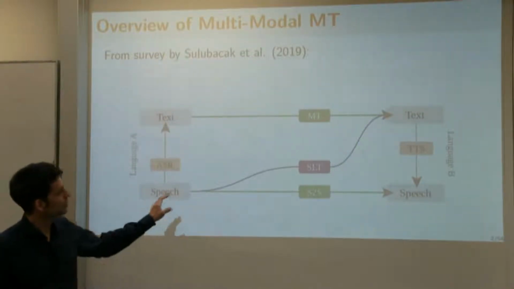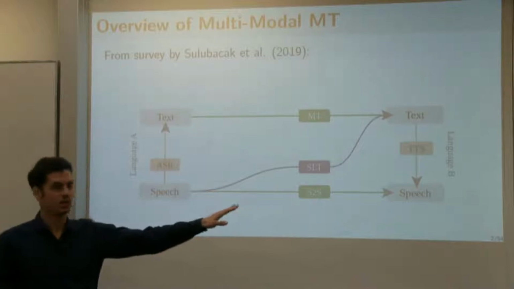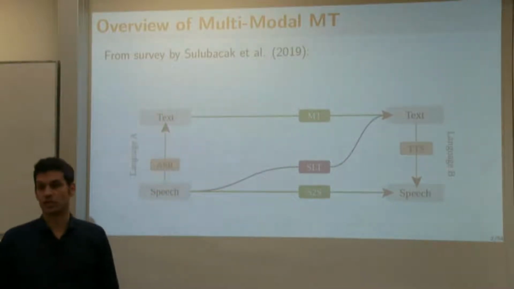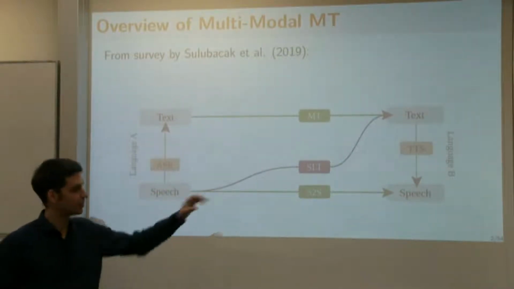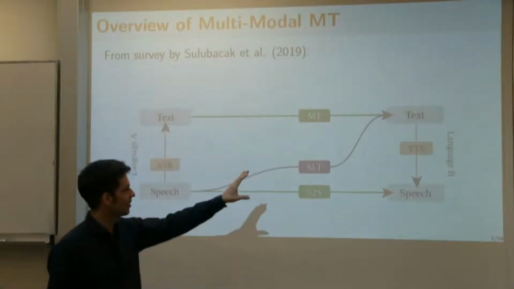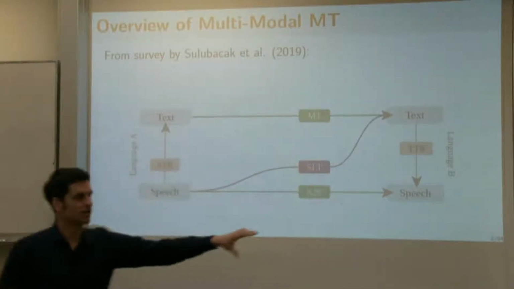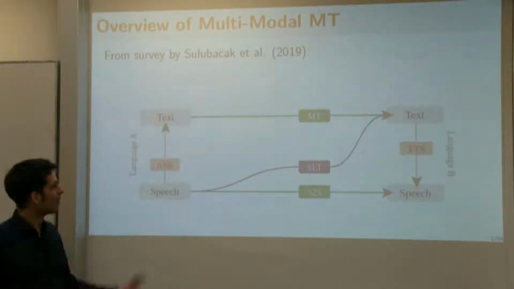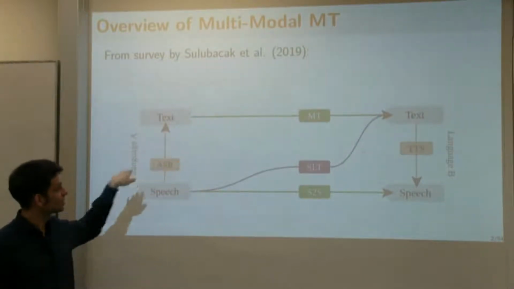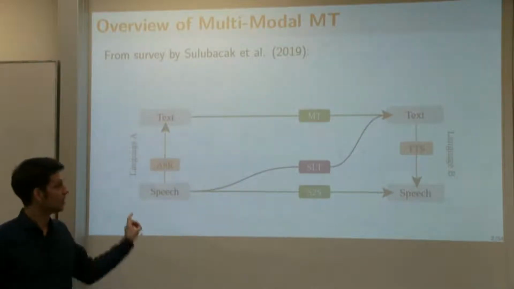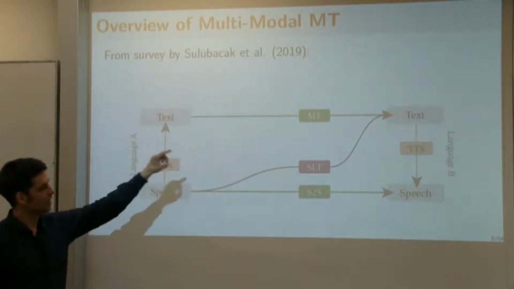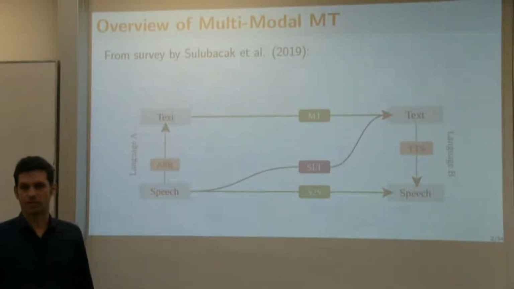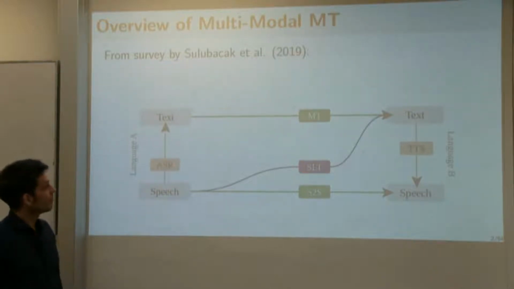And if you want to go directly to the speech in the target language, this would be a speech-to-speech system. I'm not going to talk much about this, and actually I know nothing about text-to-speech, and I know very little about ASR. I'm only focusing on the machine translation aspect and contrasting that combination of ASR and MT with the spoken language translation.